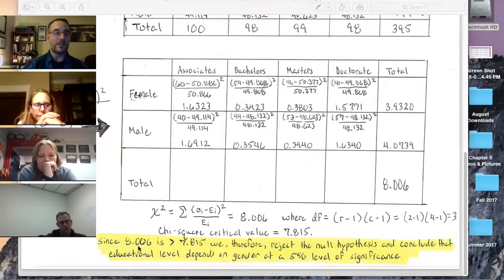Is 8.006 greater than that critical value of 7.815? Yes, it is. So therefore, we reject the null hypothesis. And in that case, we can conclude that there's a statistically significant difference between the levels based on gender at the 0.05 level, that 5% level of confidence.